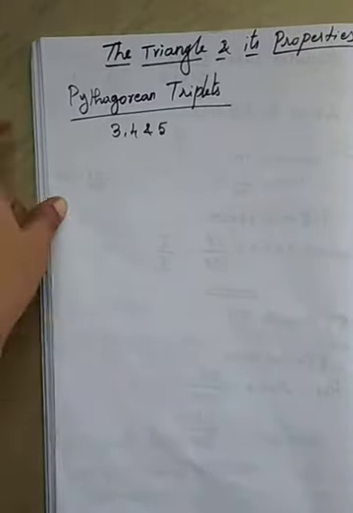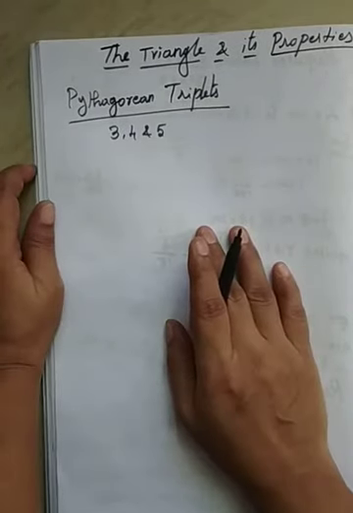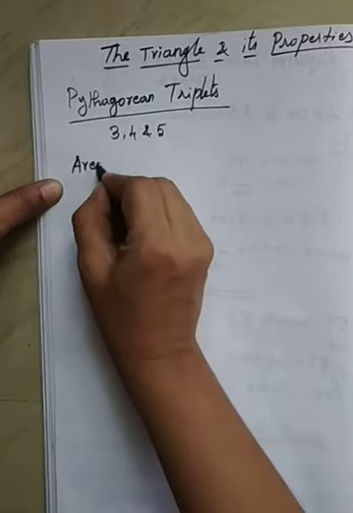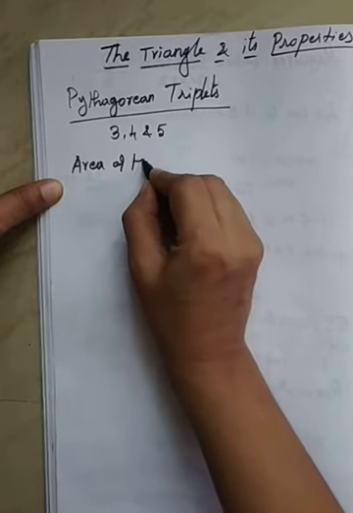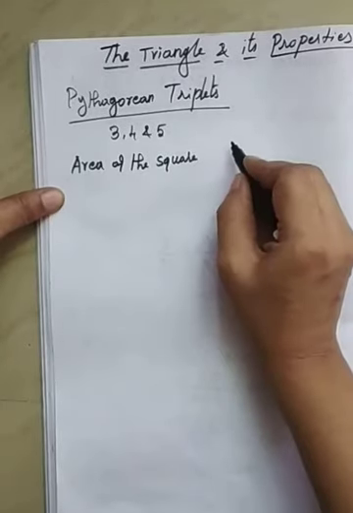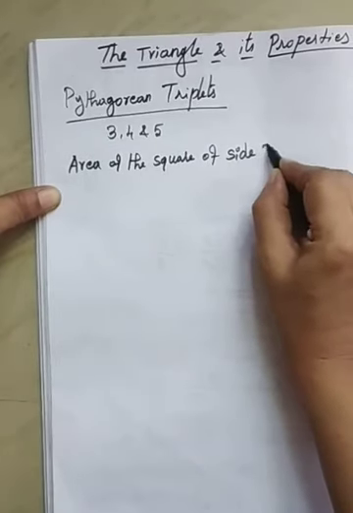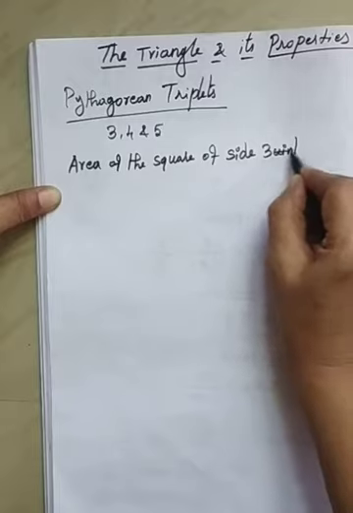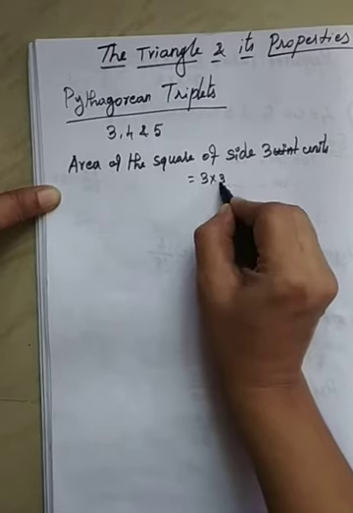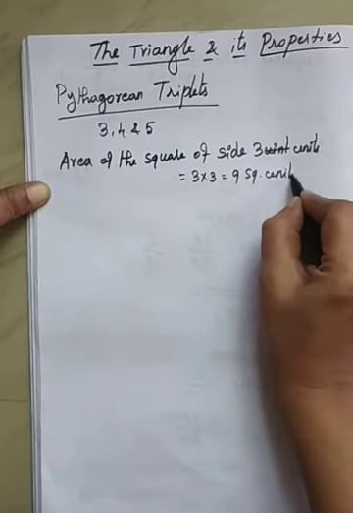Now, the area of the square of side 3 units is equal to 3 into 3, which is 9 square units.